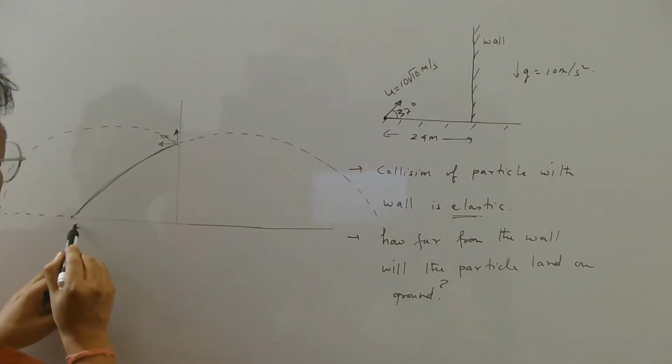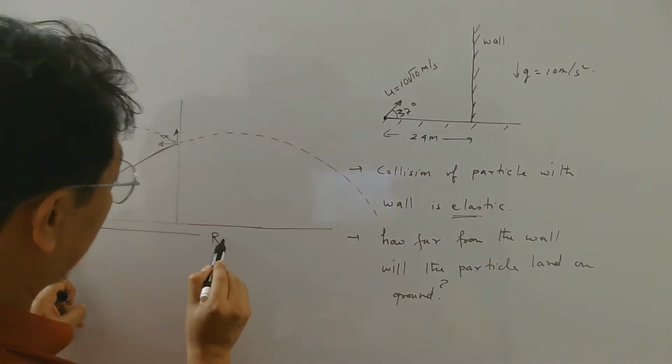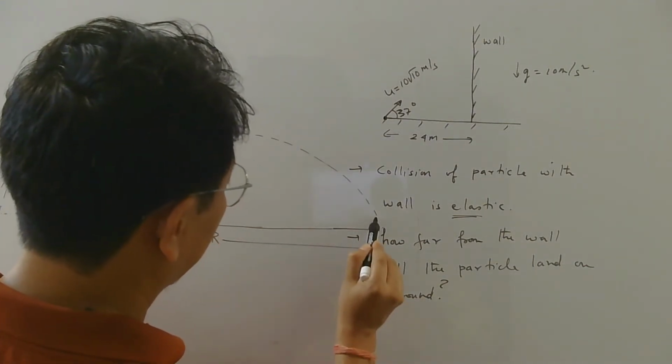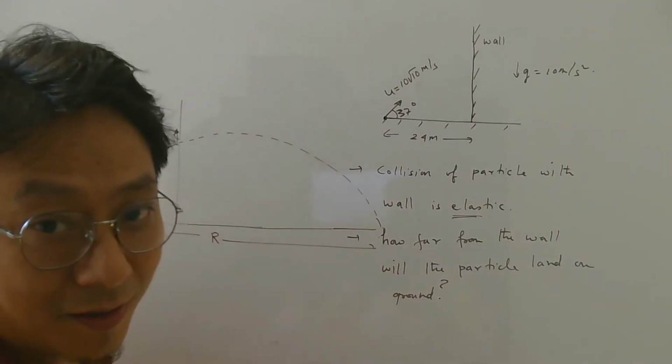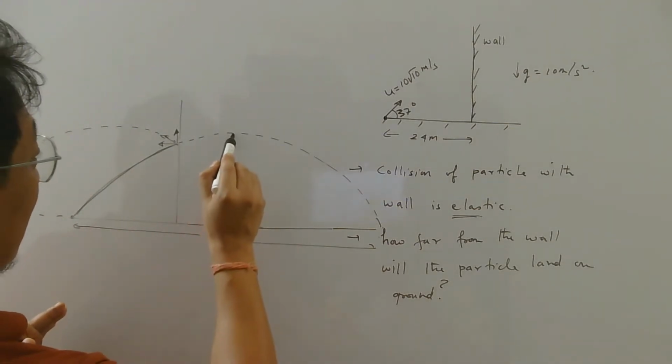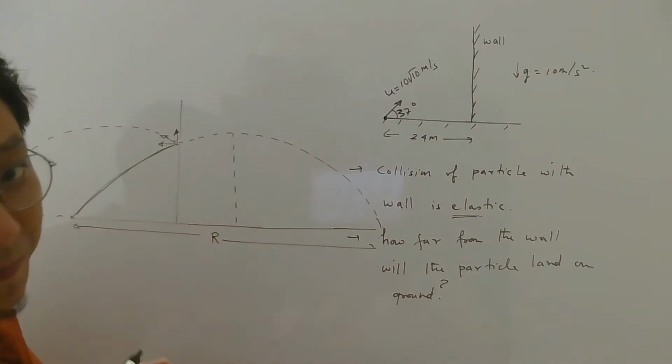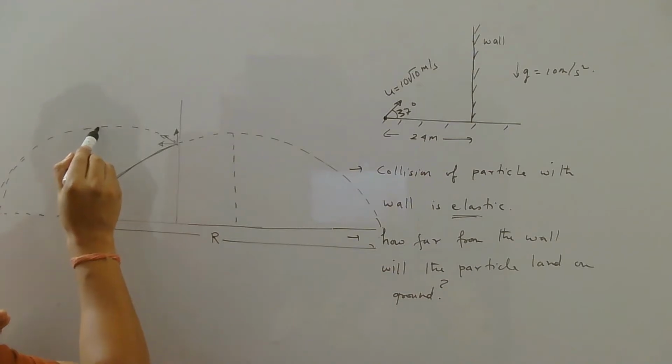Meaning, let's say we all know this is R, the range if there was no collision with the wall, and this is the maximum height. So that maximum height will be the same here also.